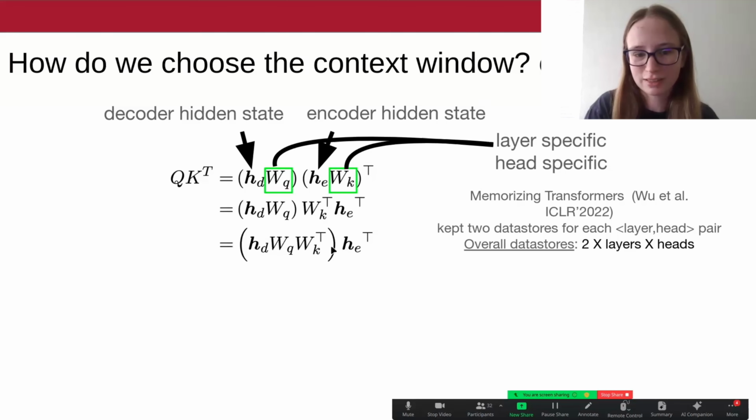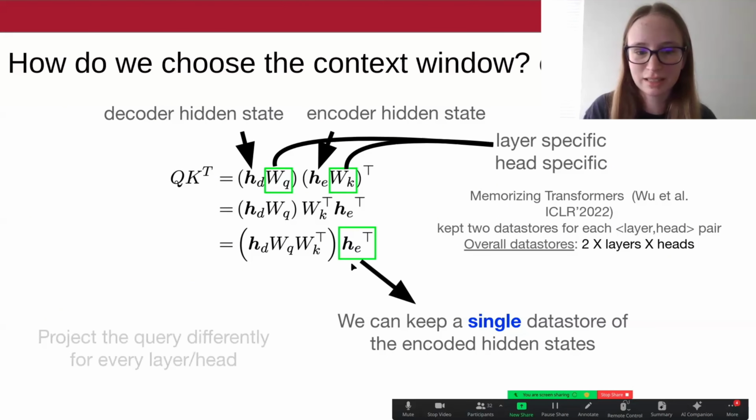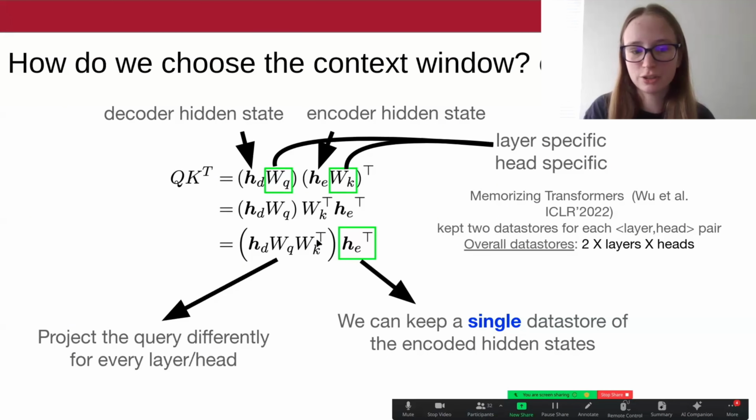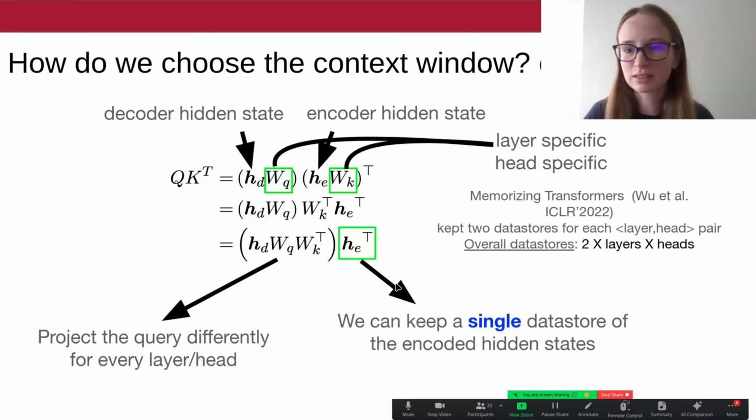You can fully factor this out so that you have the encoder hidden states by themselves. You keep a single data store of these hidden states, and then you just reproject the attention query for each head. This is the part of the attention that determines how much weight we're getting. So we use a cosine similarity based retrieval to find the reprojected queries that maximize similarity with these encoded hidden states, which represent the individual embeddings that would have received the most attention if we could attend to everything.